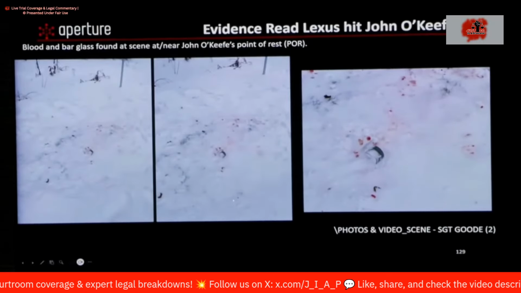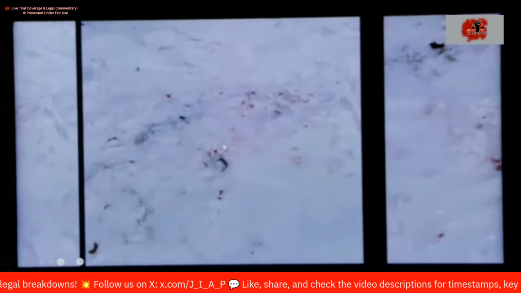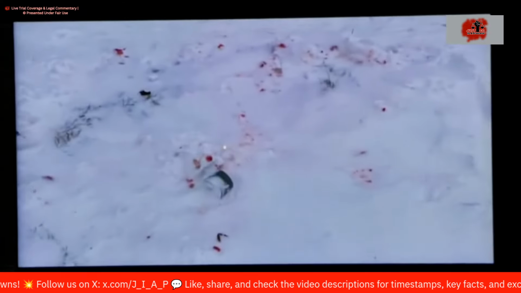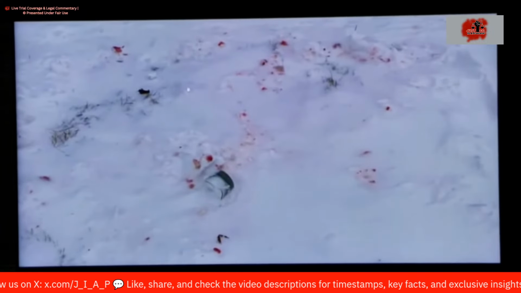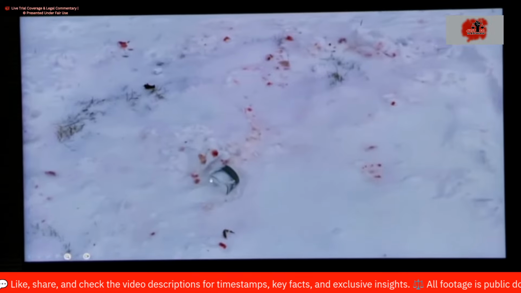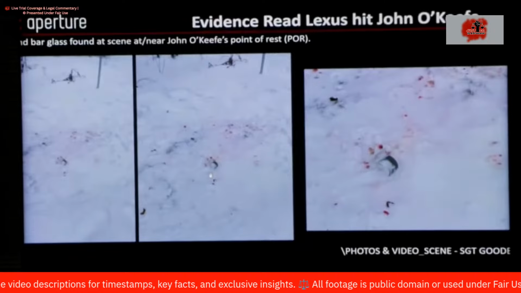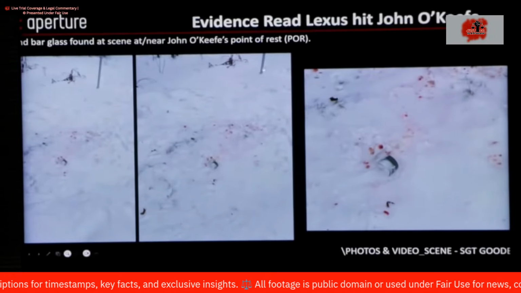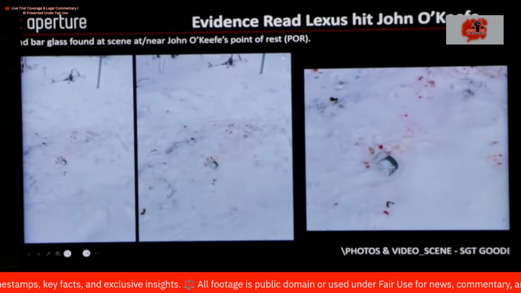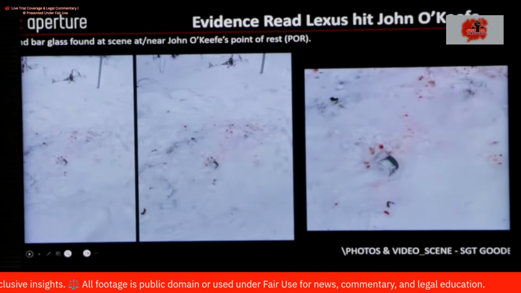Then we have photos of a broken glass surrounded by red marks in the snow. Continue, please. This, by the way, is the flagpole. And that slide number, please, Dr.? Yes, ma'am, 129. Thank you.